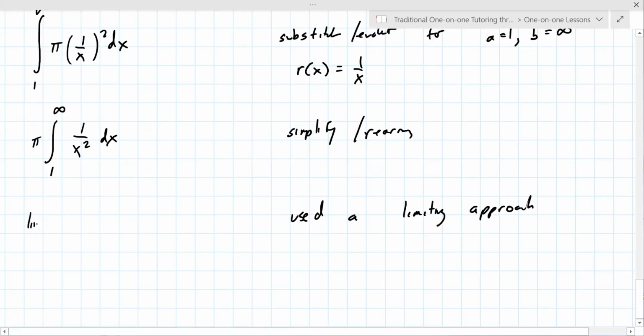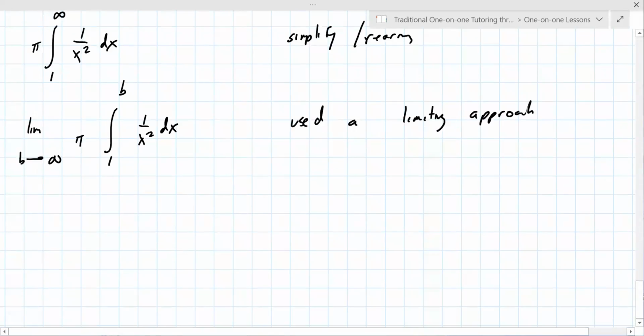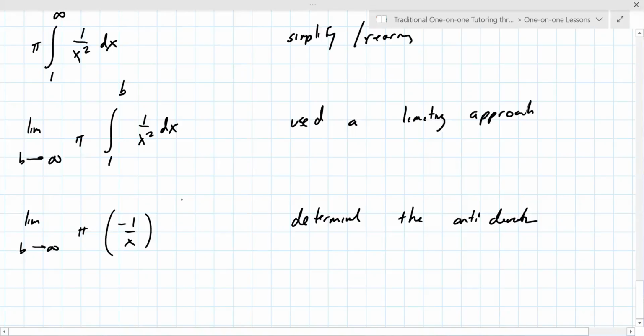So we said the limit as b goes to infinity, pi integral 1 to b 1 over x squared dx. Okay, so then we determined the antiderivative. Limit as b goes to infinity, pi times negative 1 over x evaluated from 1 to b.